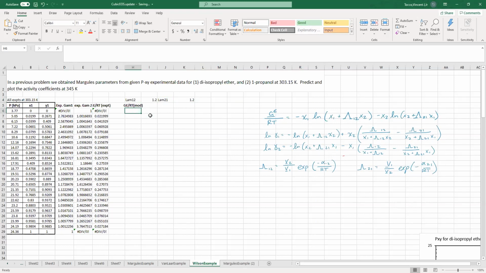All right, GE over RT equals minus X1 times ln of X1 plus lambda 1,2, and anytime I have a lambda 1,2, I'm going to want to dollar sign it to keep it constant, times X2, and X2 is 1 minus X1.